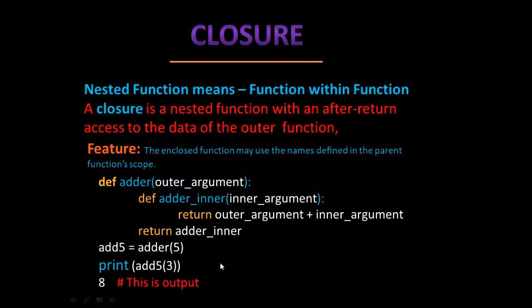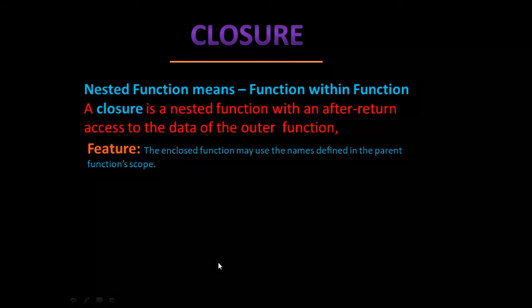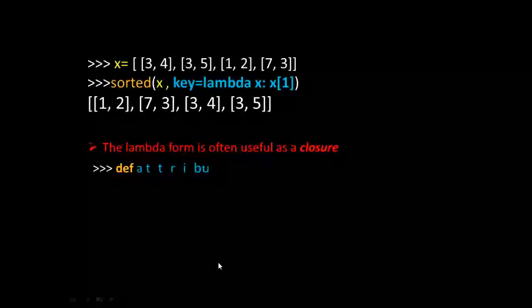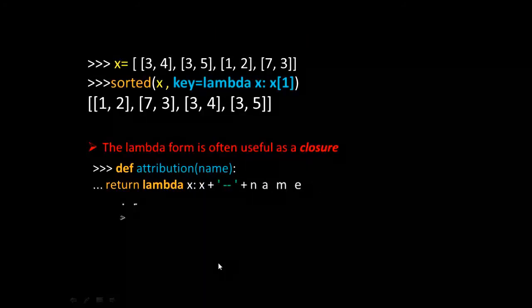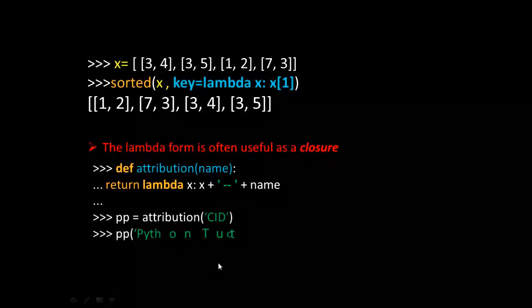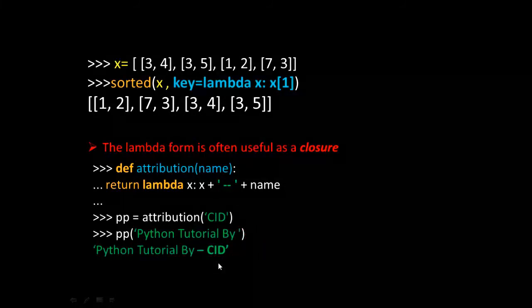Let me show you a lambda example. Let us suppose we have a function called attribution, and it gets an argument called name.